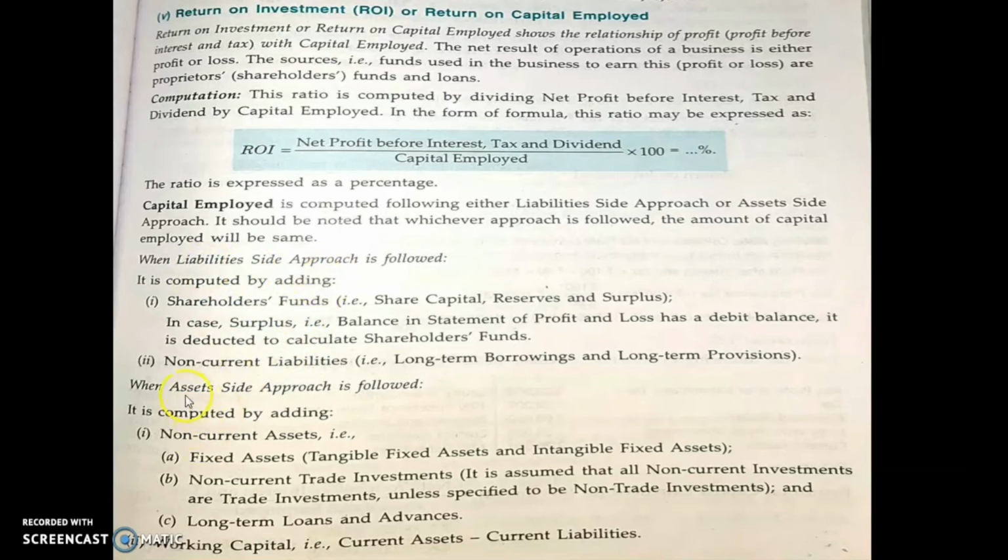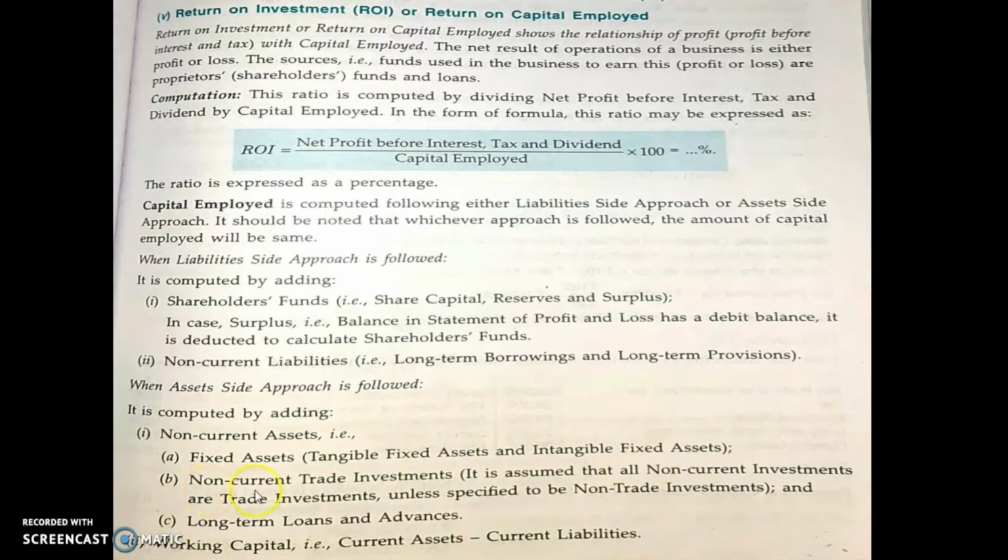And if you are going with asset side approach, you have to take into consideration these items, that is non-current assets. And which items are considered in non-current assets? Three items: fixed assets, that is tangible fixed assets and intangible fixed assets, so both are considered.